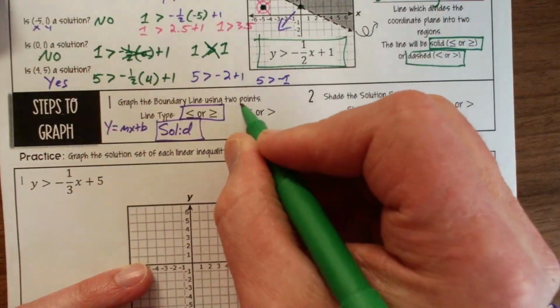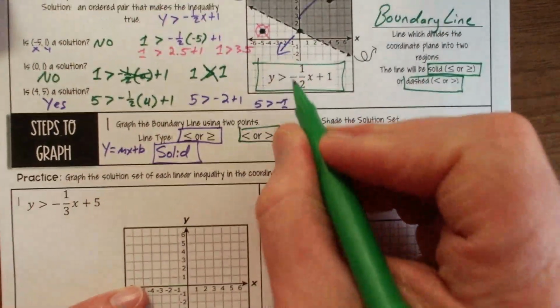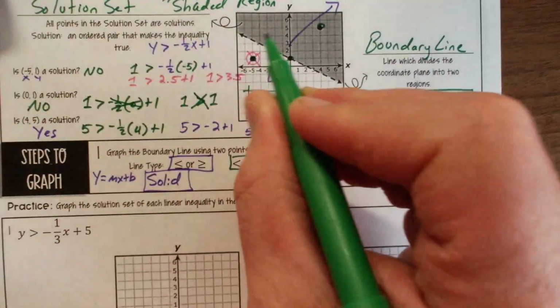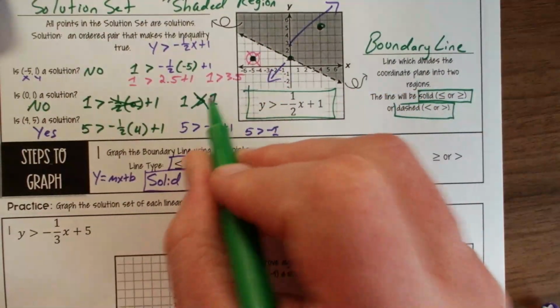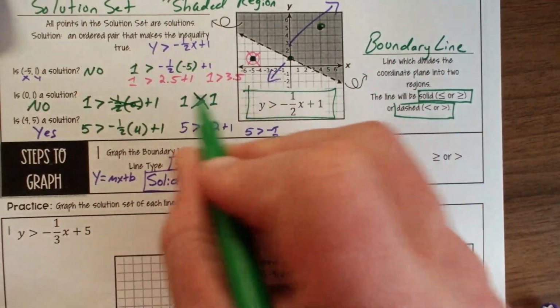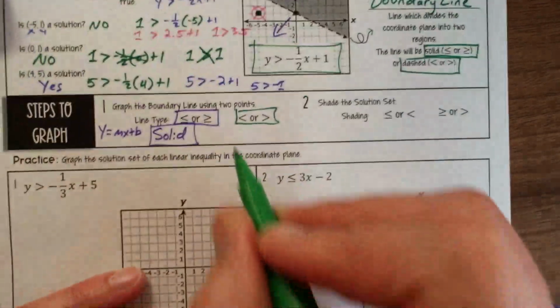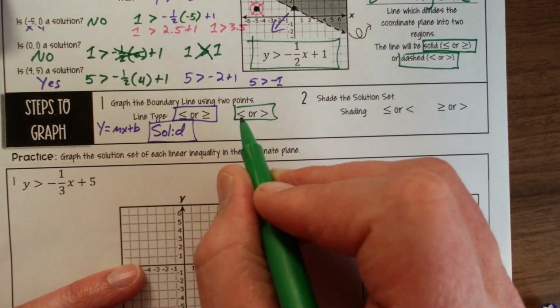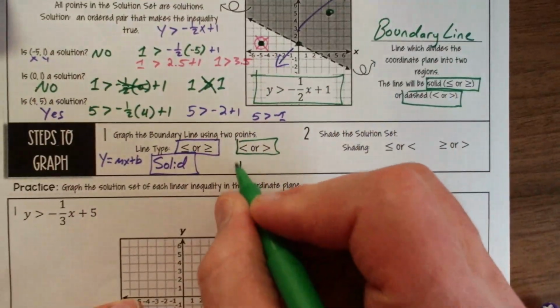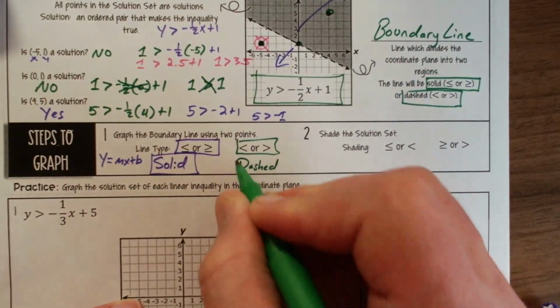These two, the less than and greater than, just like this, if you plug in any of these boundary points, you'll end up with this type of solution where they would be equal to each other. But because it's asking for less than or greater than, they do not work. So we show this with a dashed line.